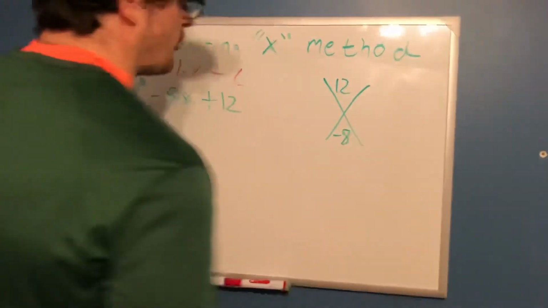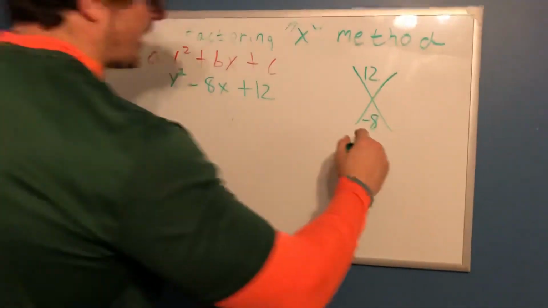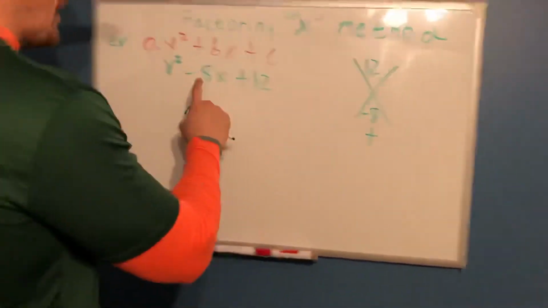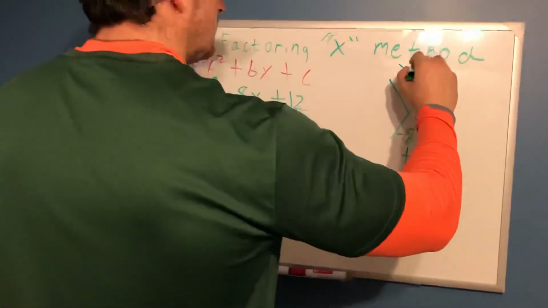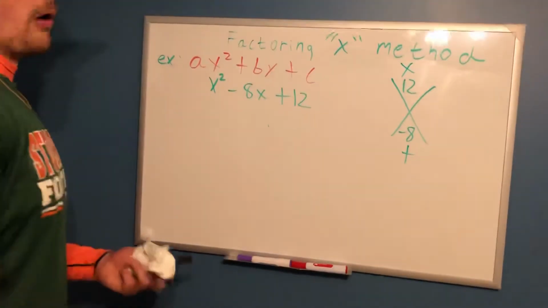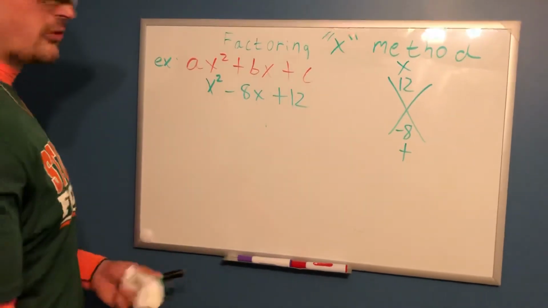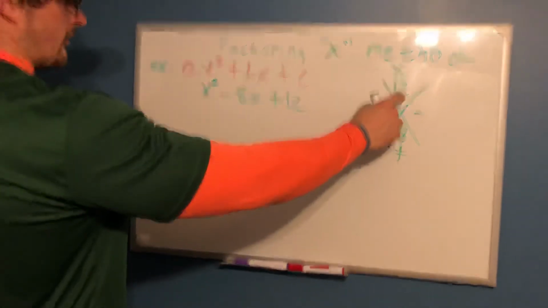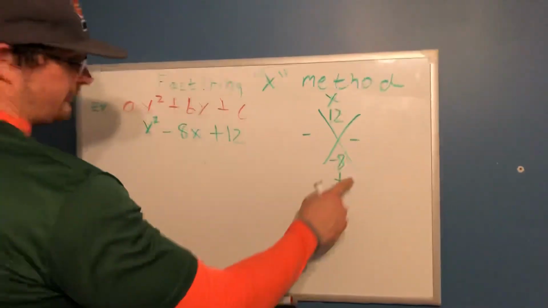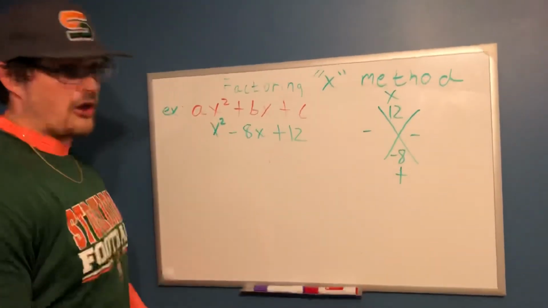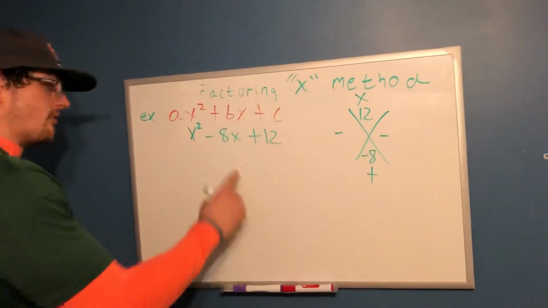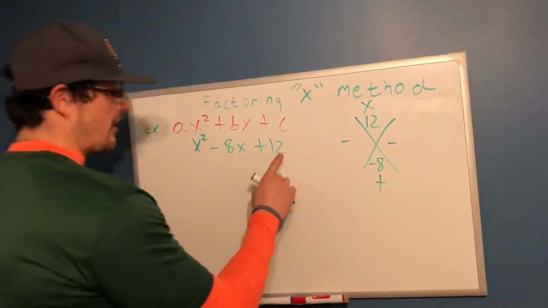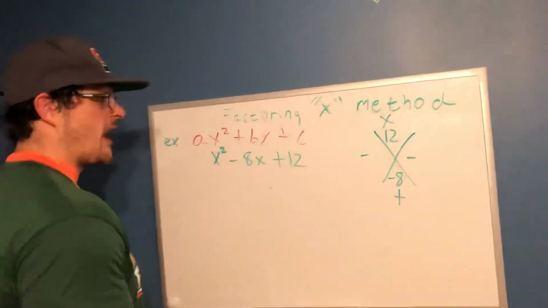The only way I can add to get a negative and multiply to get a positive is if both factors are negative. A negative times a negative is a positive, and a negative plus a negative is a negative. So both my factors are negative because the middle is negative and the end is positive.